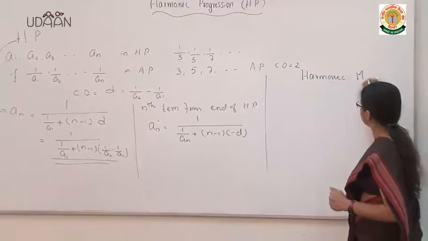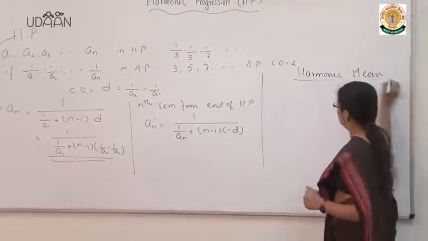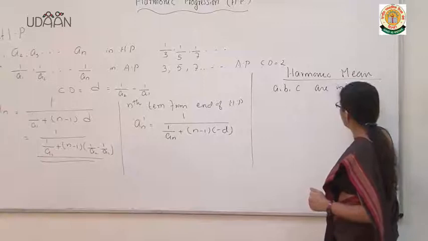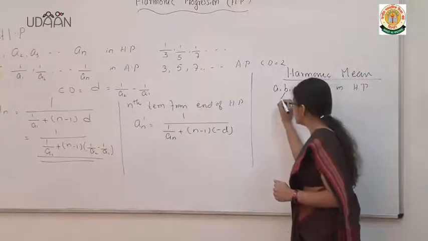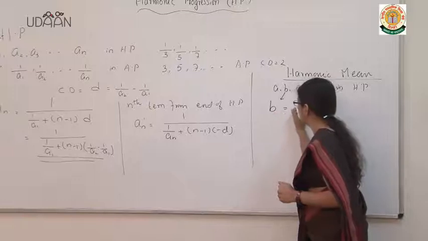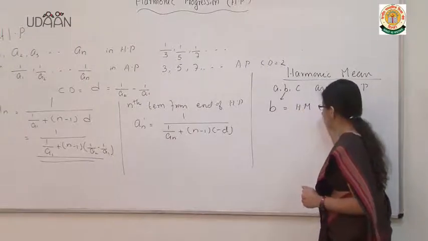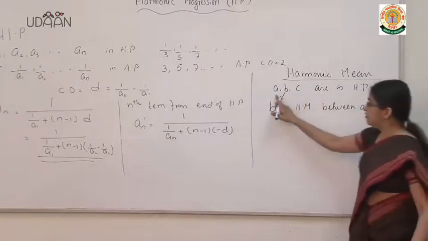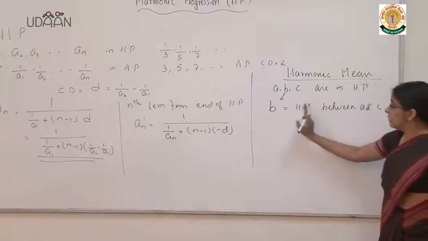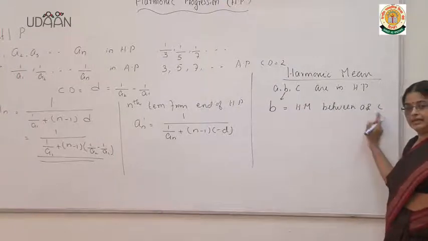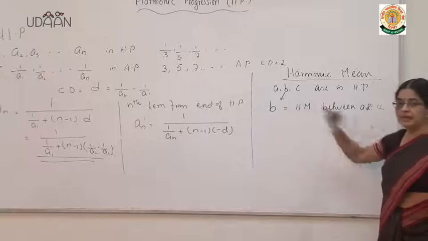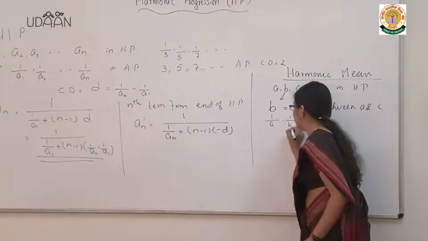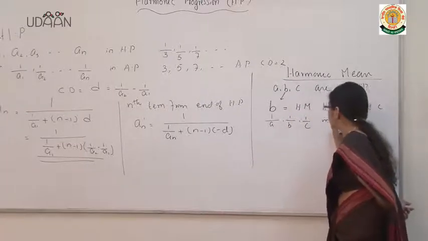Let's see how to find the harmonic mean between two numbers. Suppose three numbers A, B, C are in harmonic progression. Then the number B is called the harmonic mean between A and C. Let's see what's the relation between these numbers. If A, B, C are in HP, then we know 1 by A, 1 by B, 1 by C are in arithmetic progression.